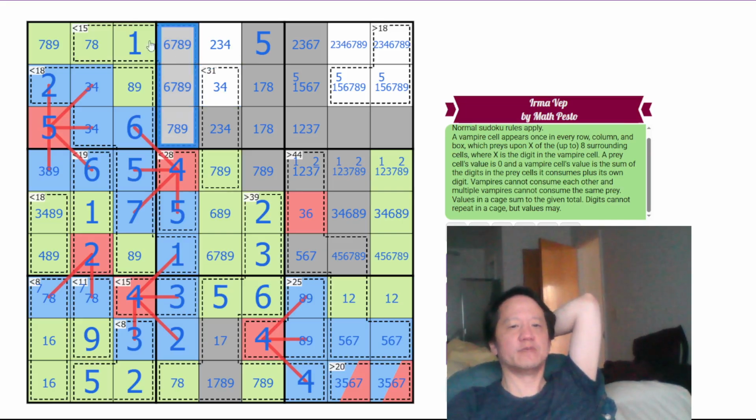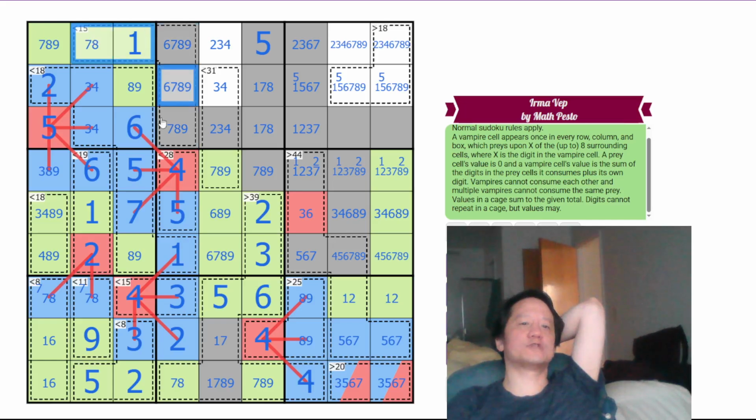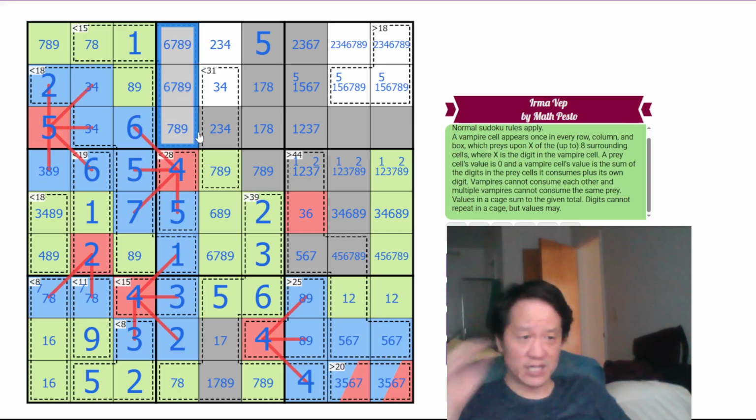Okay, what is the sum of these, actually? The sum of these is 31 without being prey. So 31 minus 14 at most is 17. So the vampire, whichever one it is, must pull 17 from these cells. But that's perfectly valid.